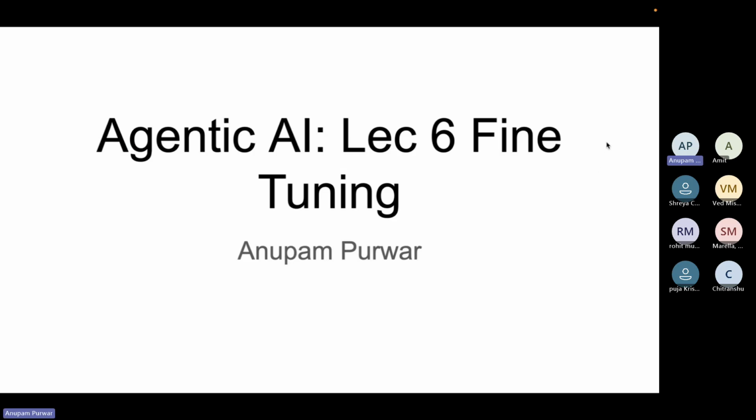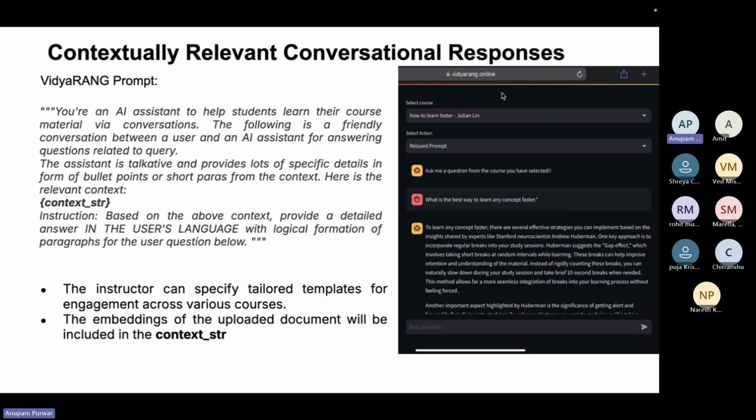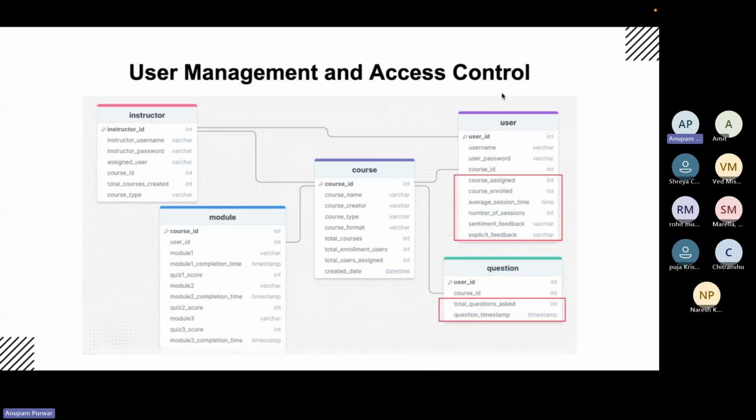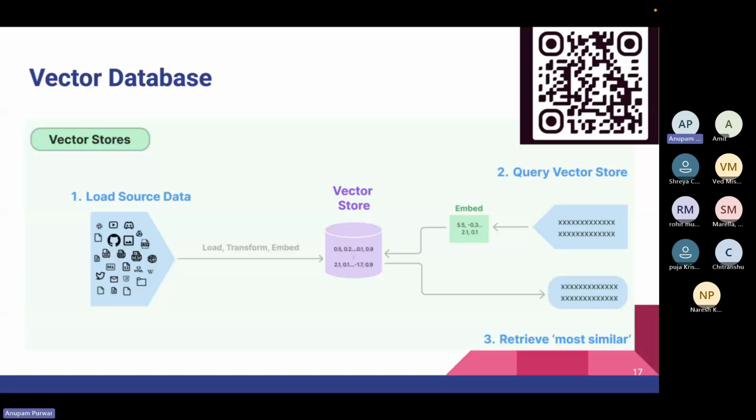As I said, last time we looked at retrieval augmented generation; this time we are going to look at fine tuning. Let's just recapitulate once what retrieval augmented generation is, then we'll come to fine tuning.